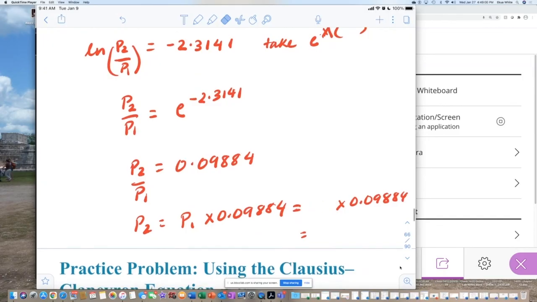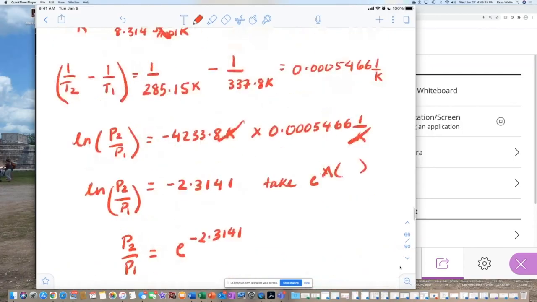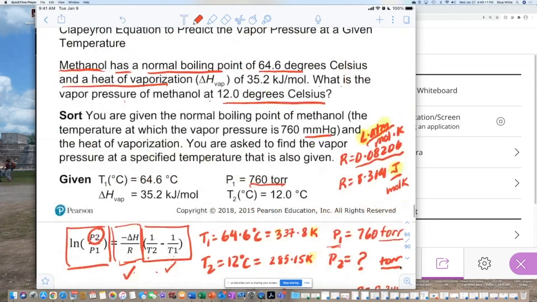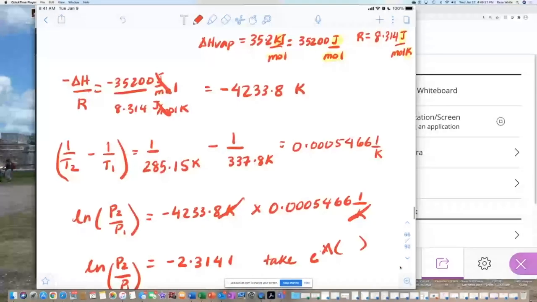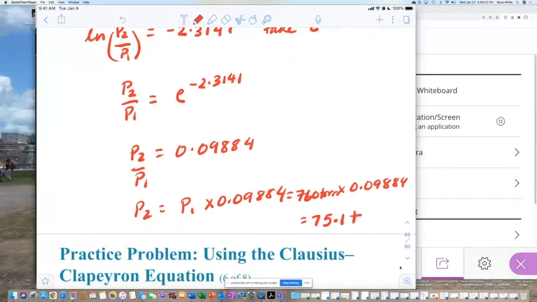I should actually give myself some room so I can write the unit. 760 torr. And so this number times 760 gives me 75.1. Let me see how many significant figures I have. I see 3 here, 3 here, 3 here. Okay, 75.1 torr. So P2 is 75.1 torr.